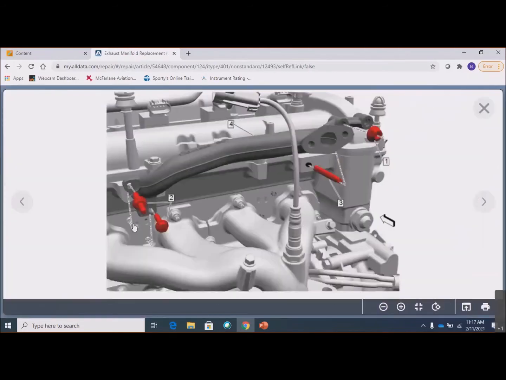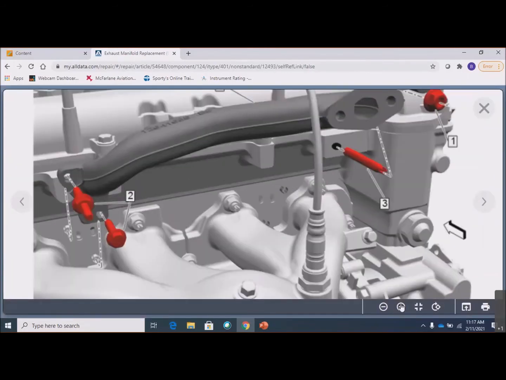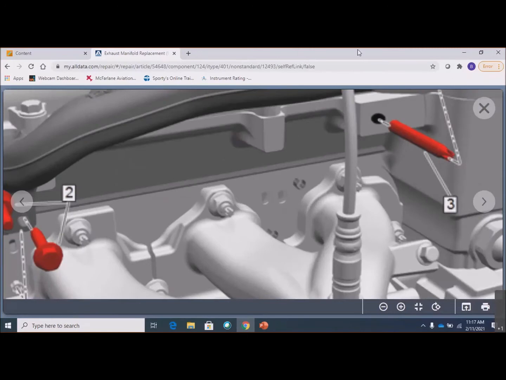Let me see if I can circle these, right? So 2 little ports there, and there's 2 more over here somewhere, right?